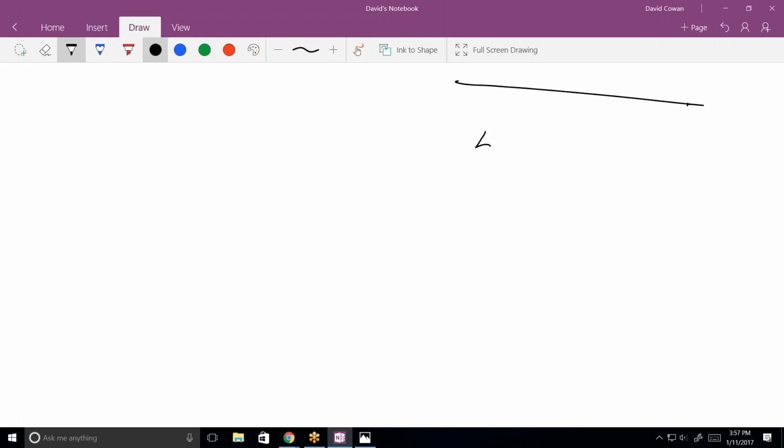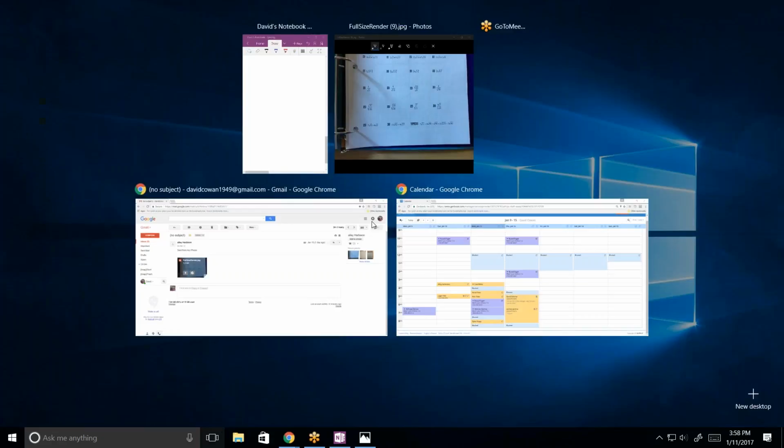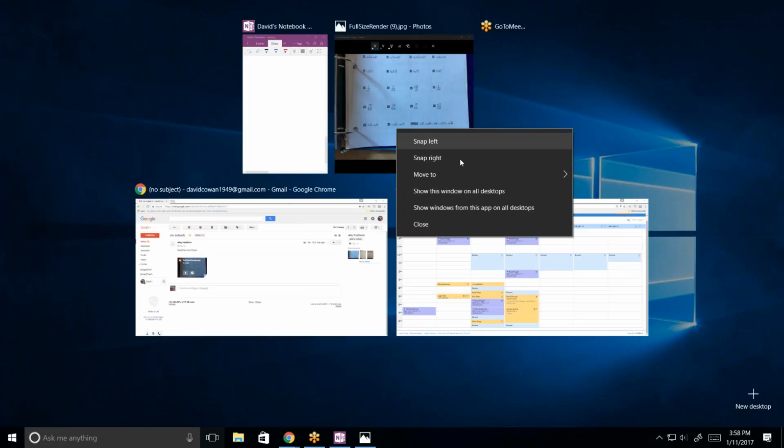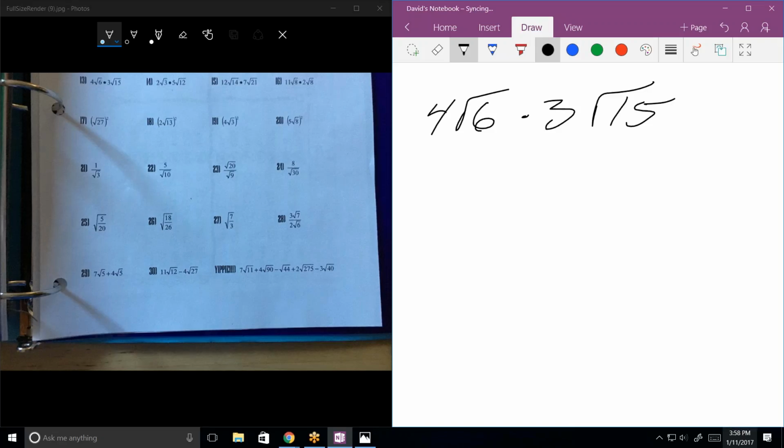We got 4 root 6 times, hold on. All right, we got 4 root 6 times 3 root 15. How do I do that?